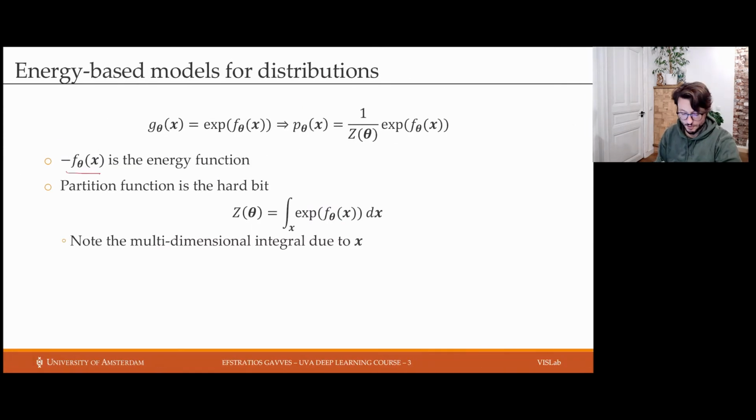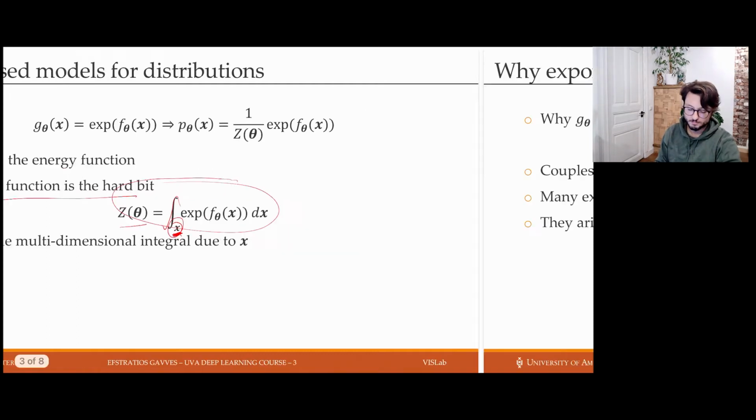Minus f theta is the energy function, and z theta is the so-called partition function, which is the integral of our exponential of minus energy over the whole input space of x. Now, note here that the integral is defined over all dimensions of x, and x is high dimensional, like an image. So this integral can be quite daunting to compute.